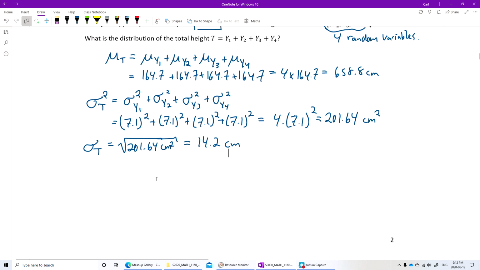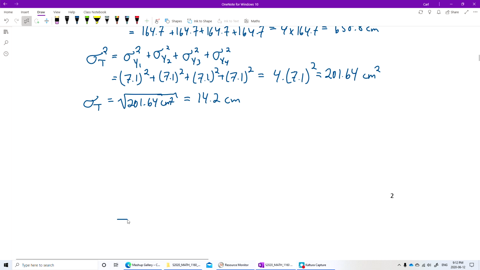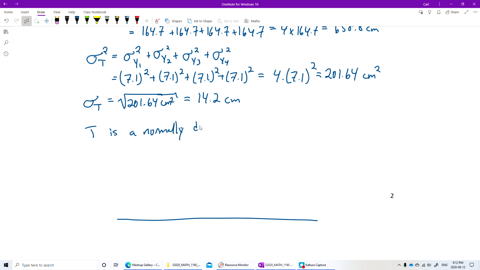Okay, so what we have just found is, and it's going to be normal. So last point is that T is a normally distributed random variable. Why? Because it comes from adding together random variables. We can always assume that.